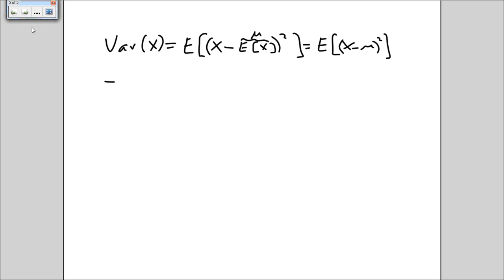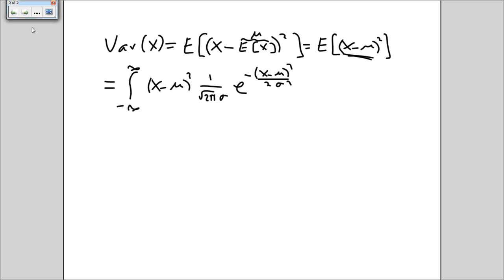So that equals the integral from negative infinity to infinity of what you're taking the expected value of, x minus mu squared times 1 over the square root of 2 pi times sigma times e to the negative x minus mu squared over 2 sigma squared. And what you should do is let y equal x minus mu over sigma.